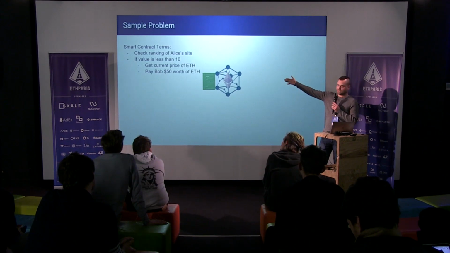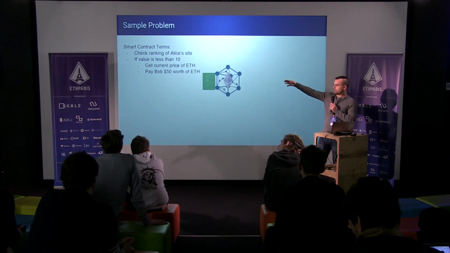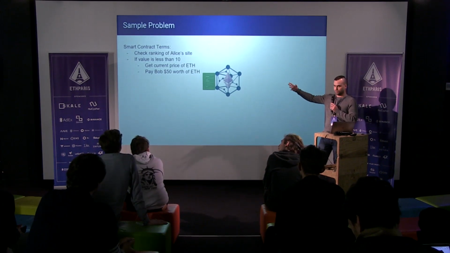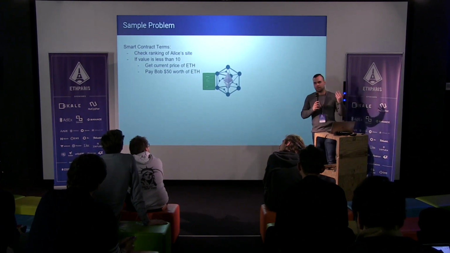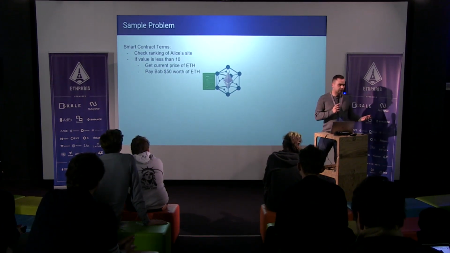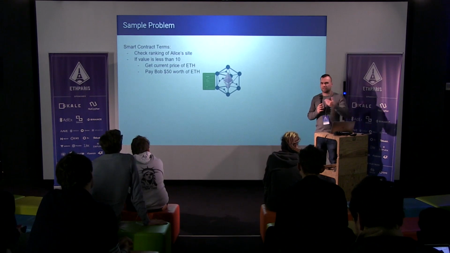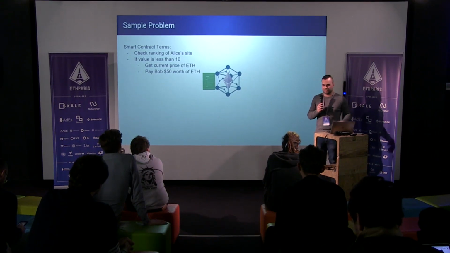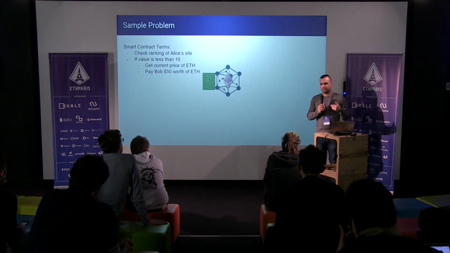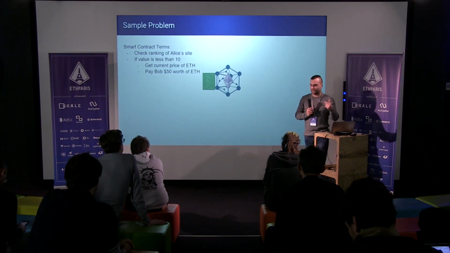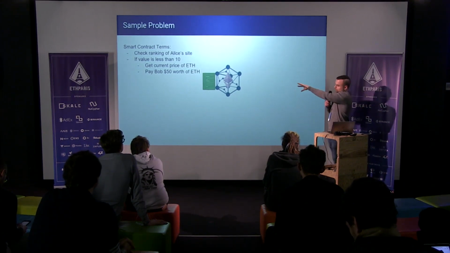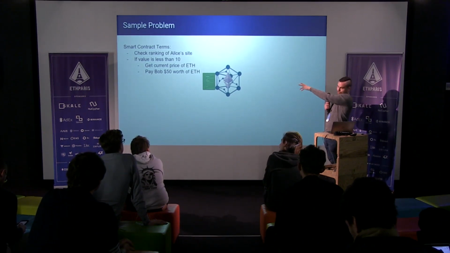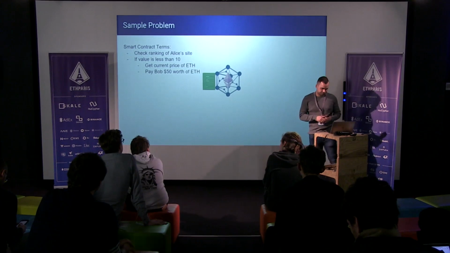If the value is less than 10, get the current price of Ethereum and pay Bob $50 worth of Ethereum. If you were building that in Solidity, it's pretty simple. But the key piece of the puzzle that you're missing is being able to connect to external data feeds and get the ranking of Alice's site and the current price of Ethereum.